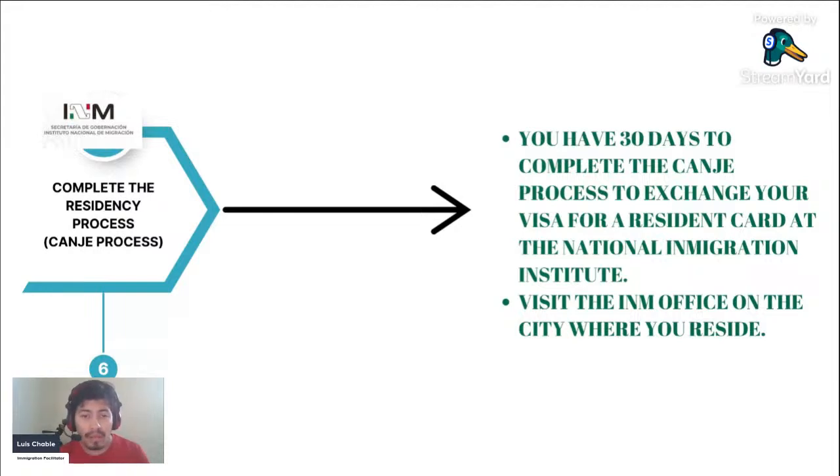Why? You have 30 days to complete the canje process to exchange your visa for a resident card at the National Immigration Institute. It's important that you prioritize this before going to the beach, before visiting an archaeology site, a restaurant, a museum, or another entertainment place.